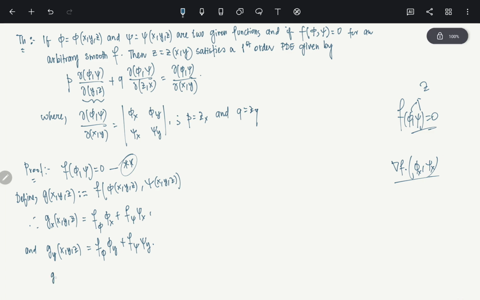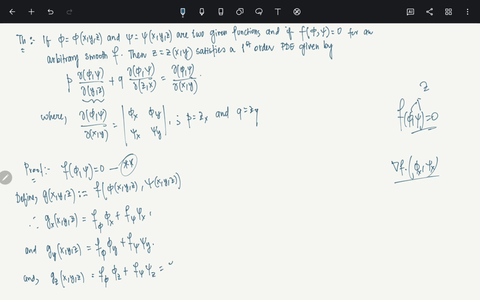Now you see, if I am taking g_z with respect to x, y and z, that will give us f_phi and then phi_z plus f_psi and then psi_z.